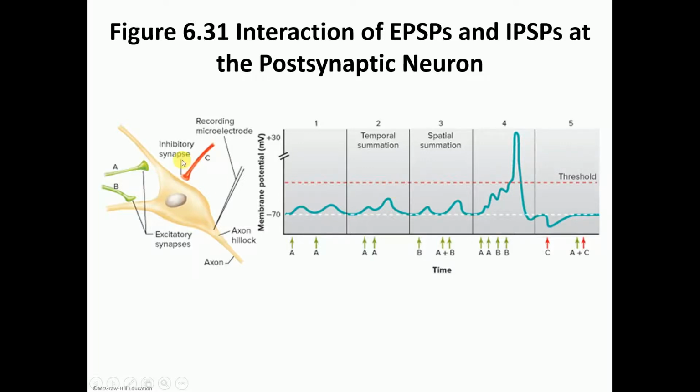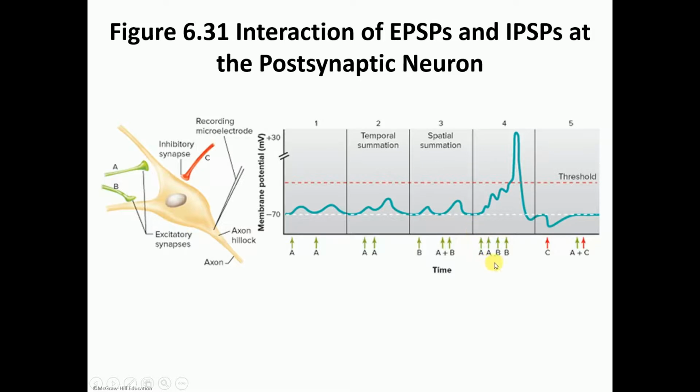Now, what happens if you get an EPSP from A and another one from B? Those are known as spatial summations because you are summing up stimuli coming from two different spots, hence the name spatial summation. So you're adding up A and B. Again, you're getting a much bigger graded potential than you would get if it's only B or only A. But again, you're still subthreshold.